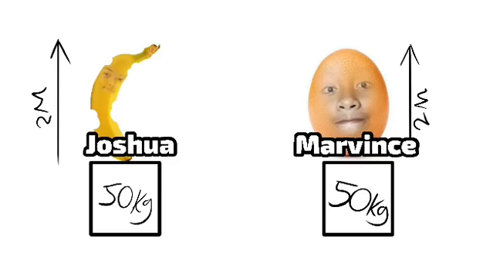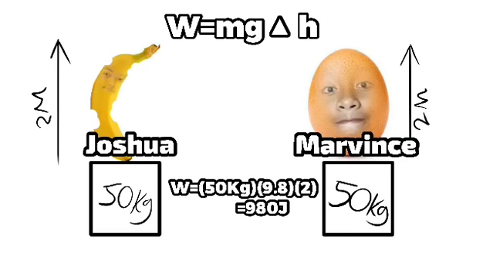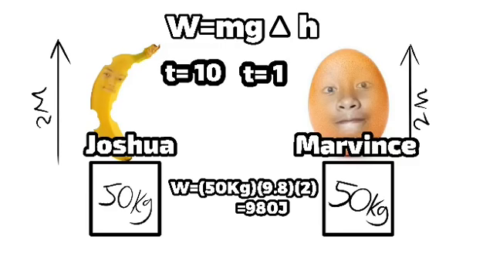The work equals mass times gravity times delta height. Using 50 kilograms times 9.8 for gravity times 2 meters, that gives 980 joules. But let's say it takes Joshua 10 seconds to lift the object, while Marvin takes 1 second.